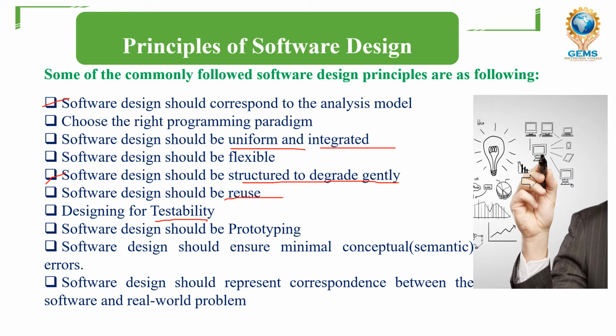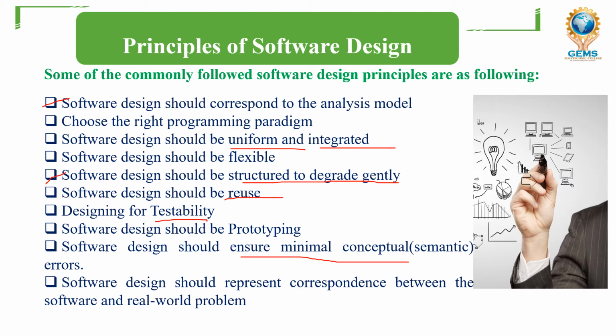Next point, software design should support prototyping. So it is the sample for our software. Next point says that software design should ensure minimum conceptual errors. That means while designing the software, we ensure that the conceptual errors should be minimal.